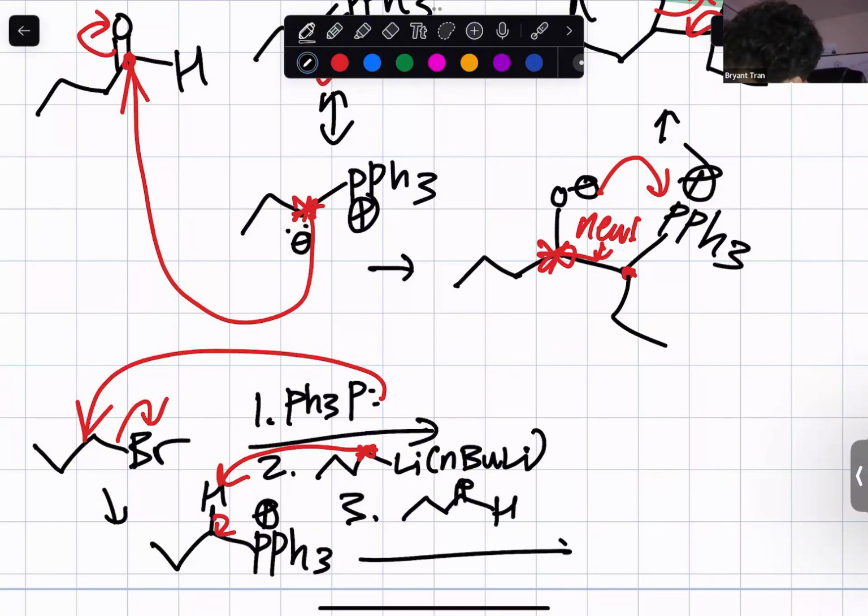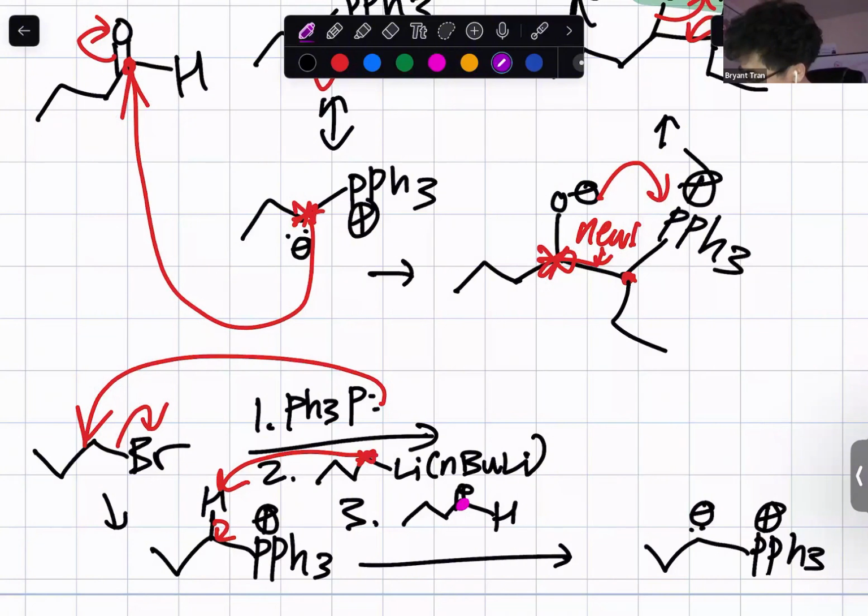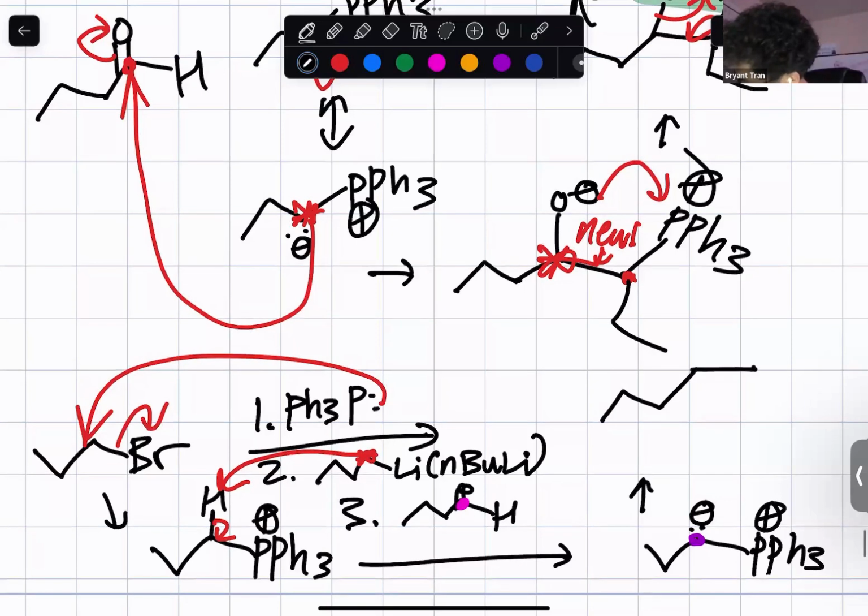And that's going to give us this ylid here, where there's a negative charge on that carbon, a positive charge on this phosphorus, and then we do the carbonyl reaction with the ylid. To predict the product quickly, this is gonna be my pink dot, this is gonna be my purple dot, and because that's an unstabilized ylid, I'm gonna make a Z alkene.